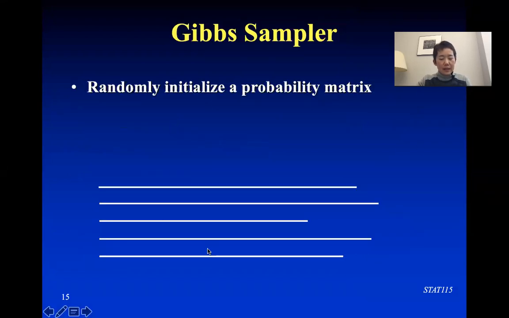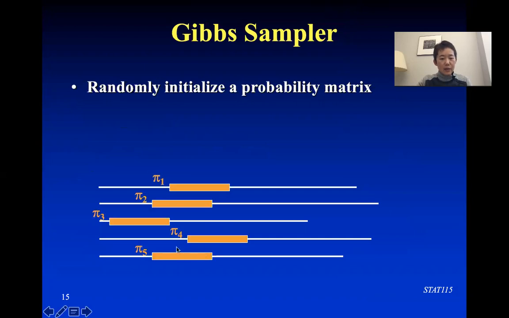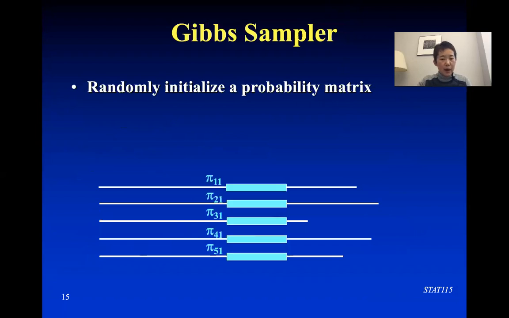And I will show you how this is done. Supposedly this is the input sequence, and this is where the real motif occurs. But initially we don't need to know, we just randomly start somewhere.